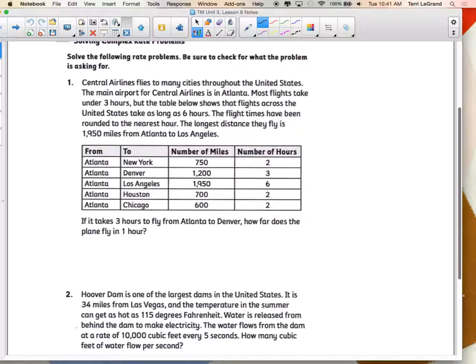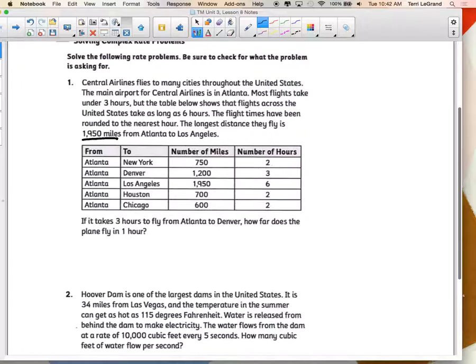So, what else did they tell us that maybe is important, but maybe not so important when we're problem solving? Is there anything else in there that might confuse you? The longest distance they fly is 1,950 miles.